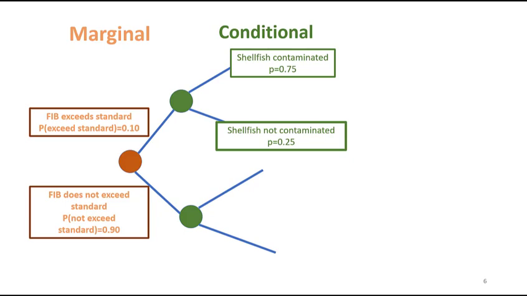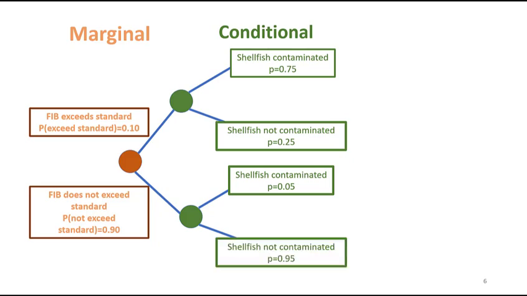All of the branches off of a given node should always sum to 1, so we are good there. And we can fill in the final two branches. Shellfish contaminated, given FIB does not exceed the standard, is 0.05. And then we know this final probability is 0.95.